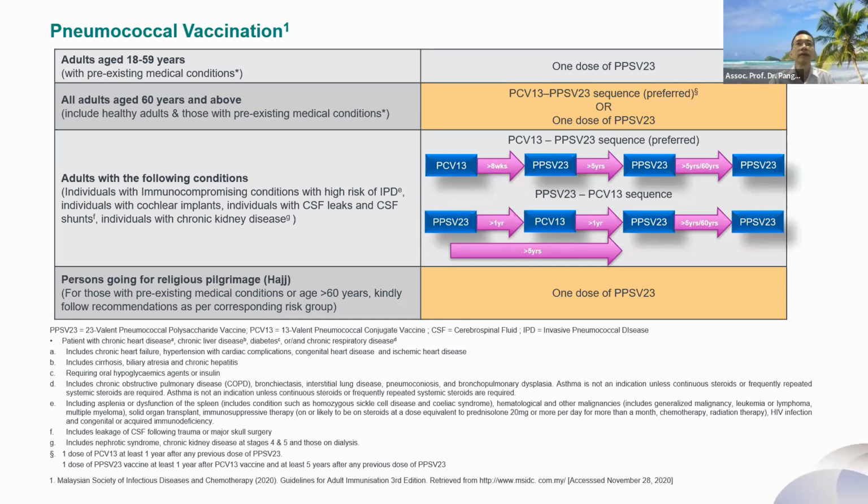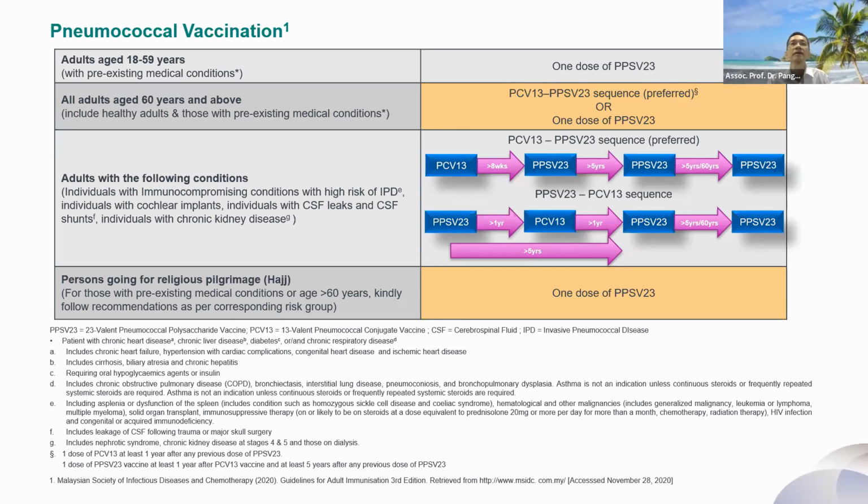PPSV23. And for adults with a significant immune compromising condition, I think the pneumococcal vaccination should be intensified. So the preferred sequence is always PCV followed by PPSV23.